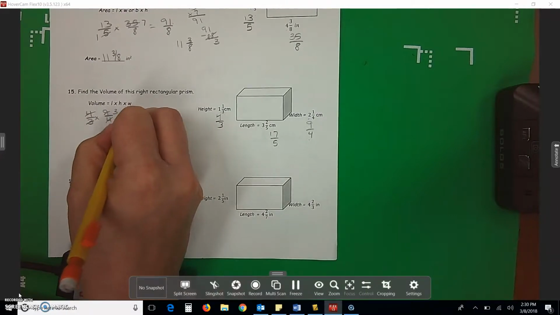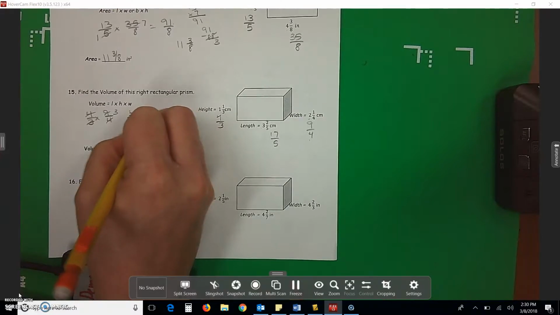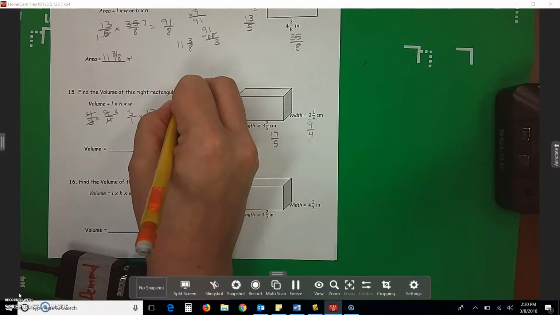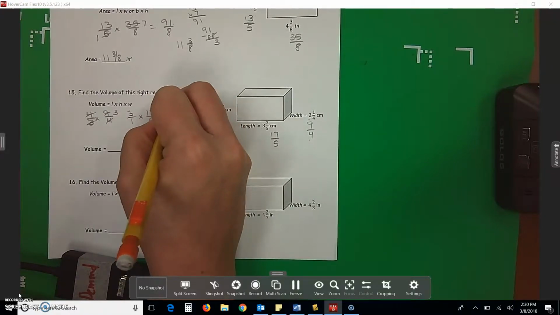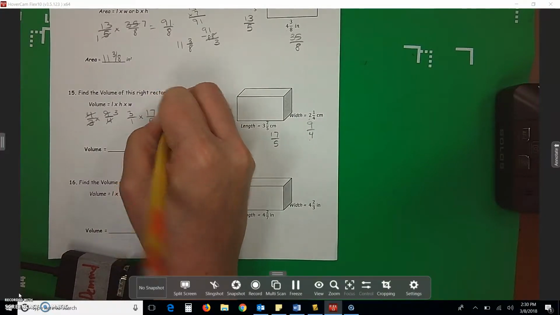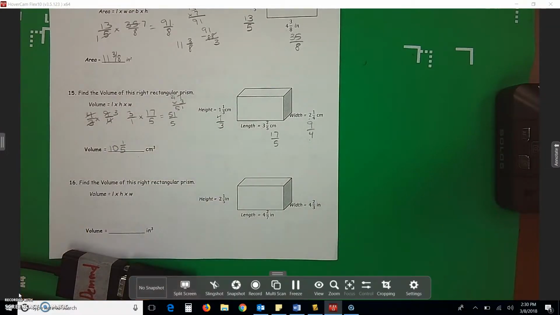And then that gives me 3/1 times 17/5. 17 times 3 is 51/5. 5 goes into 51 10 times with 1 left over. So our answer is 10 1/5 cubic centimeters.